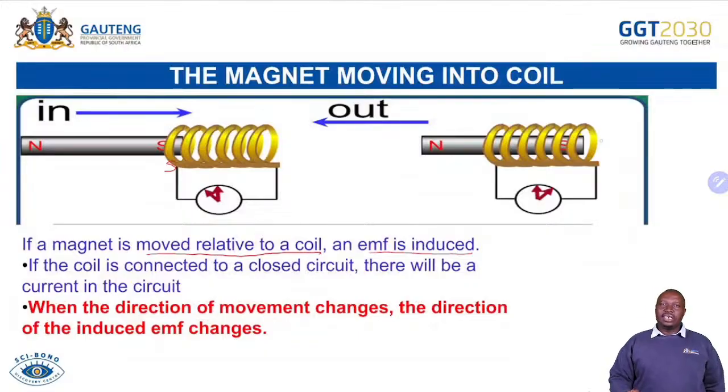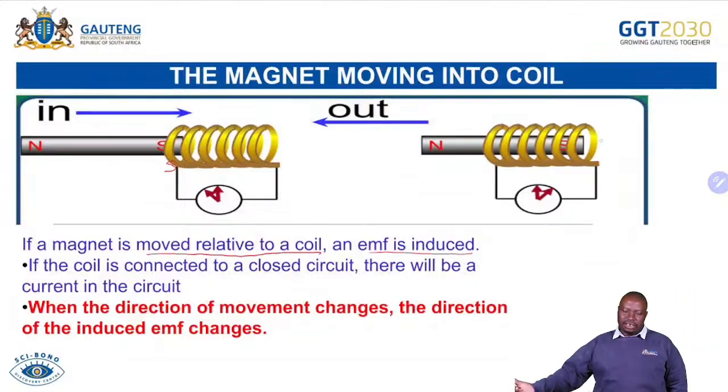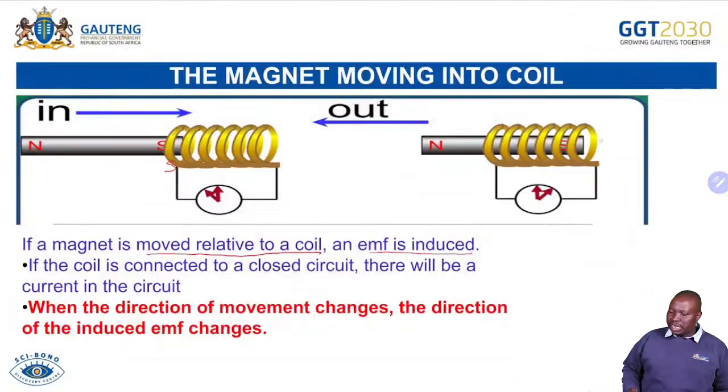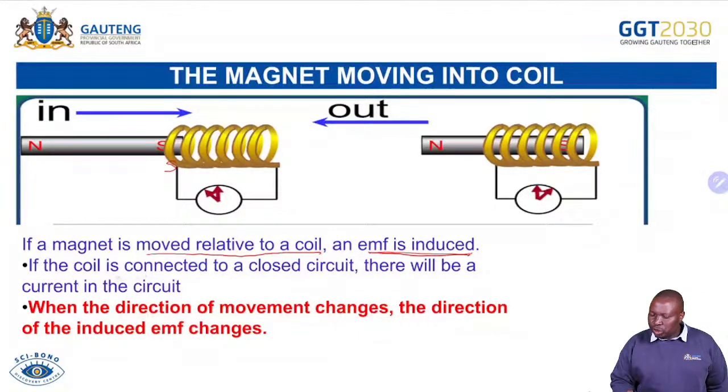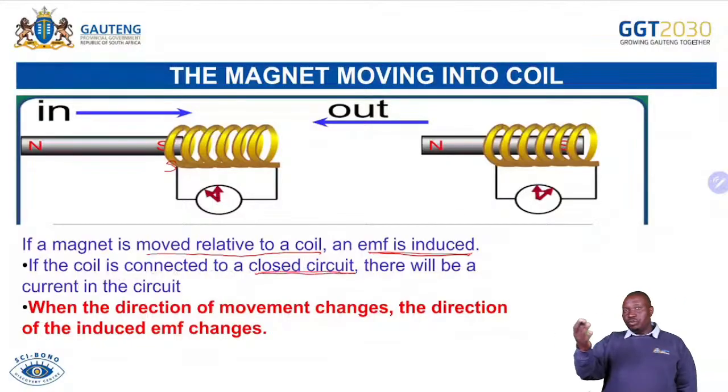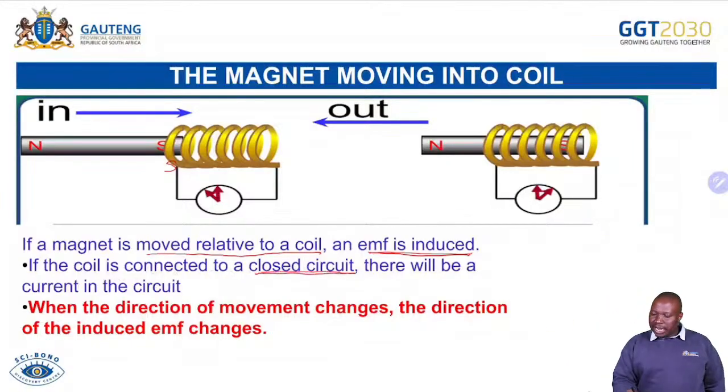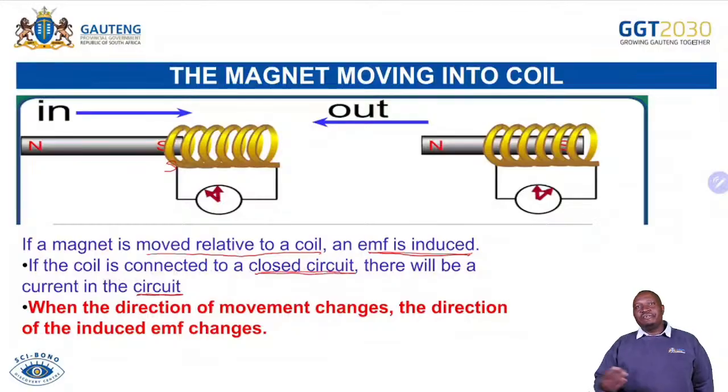I'm saying come back. So that now there is a change in magnetic flux. I think you appreciate that. And when there is induced EMF, if we have a closed circuit, remember for current to flow, it must be a closed circuit, there will be current in the circuit. So we have induced current.